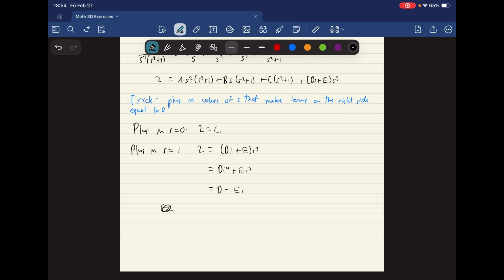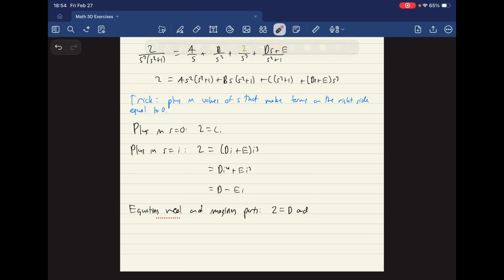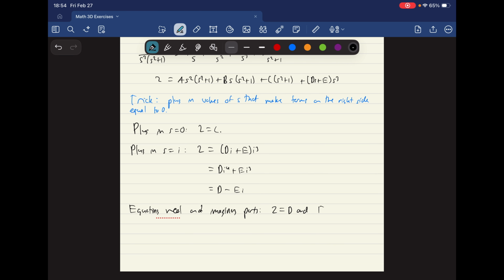And let me write this too: equating real and imaginary parts, I get that 2 equals d, and also that e is equal to 0 because there's no imaginary part on this side. So e will equal 0.